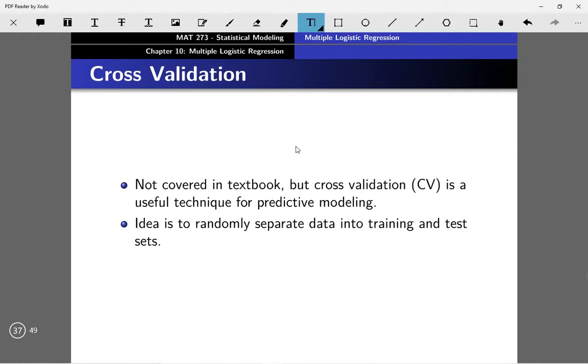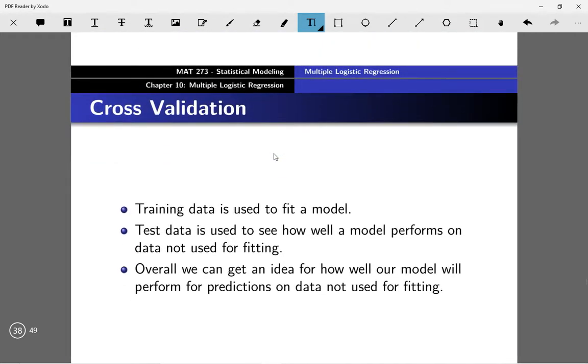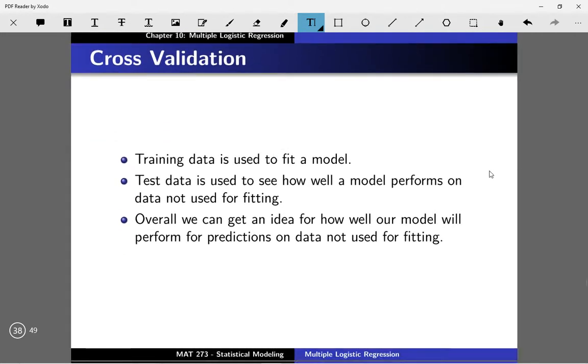to use this technique called cross-validation, or CV. Just as a quick reminder, for cross-validation, we use training data. We set aside a subset of our full data set to fit our model on. Then, using the data that we did not fit our model on, which is called a test set, we see how well our model fit on the training data does at predicting the outcomes in that other subset of the data.